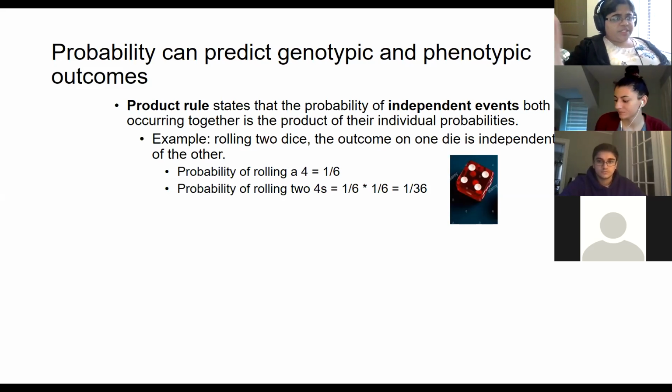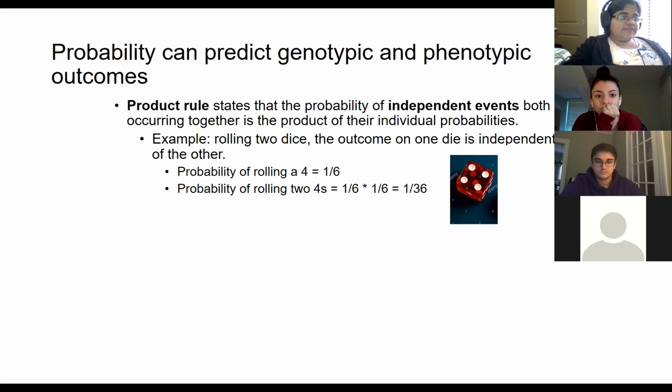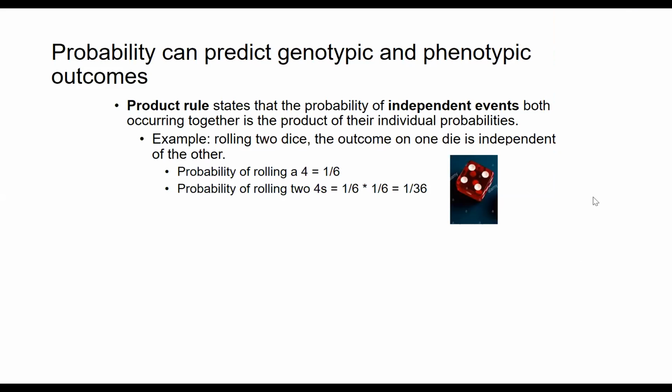Okay. So I know you guys haven't really gotten into the product and sum rules in lecture, so I'm going to go over this. There are 2 ways to figure out the probability that you can predict genotypic and phenotypic outcomes. The first one is the product rule. The product rule states that the probability of independent events both occurring together is the product of their individual probabilities.